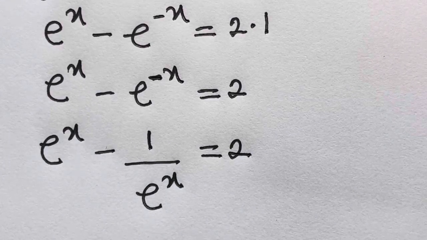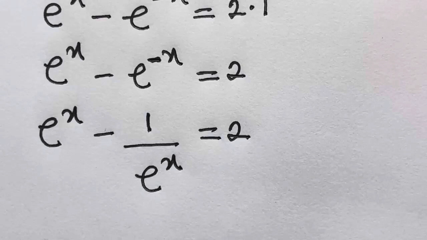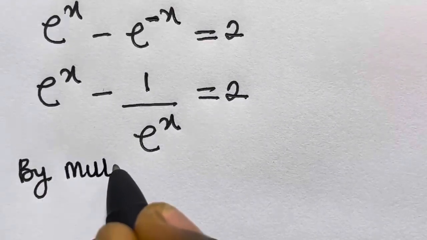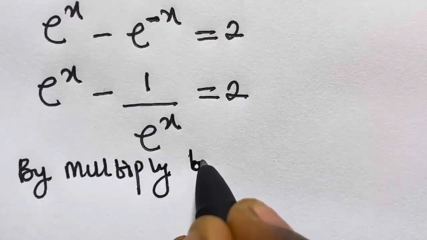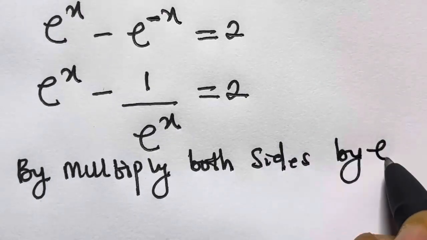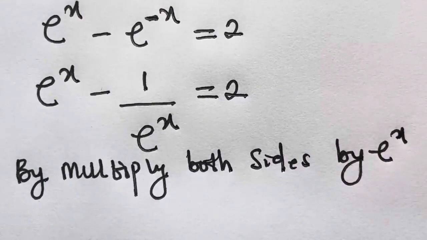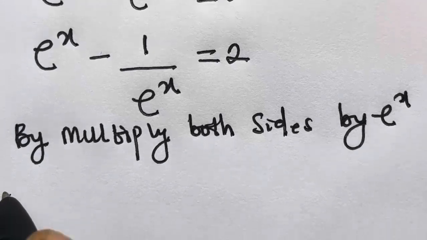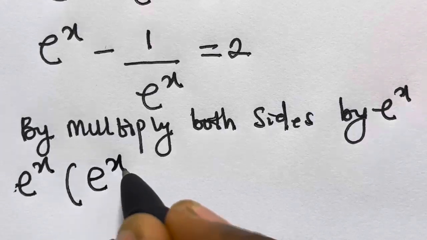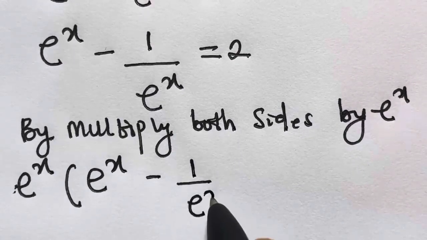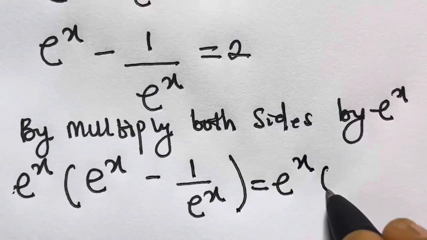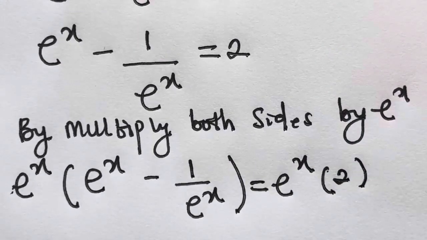Again, we multiply both sides by e^x. If you multiply both sides by e^x, you are going to have e^x multiplied by e^x minus 1 divided by e^x, and we have e^x multiplied by 2.